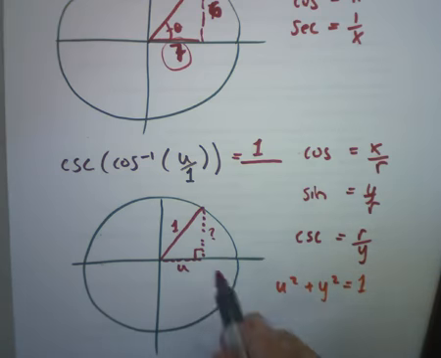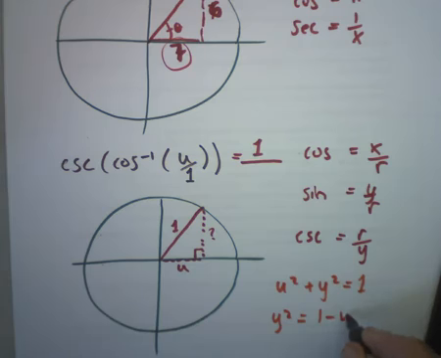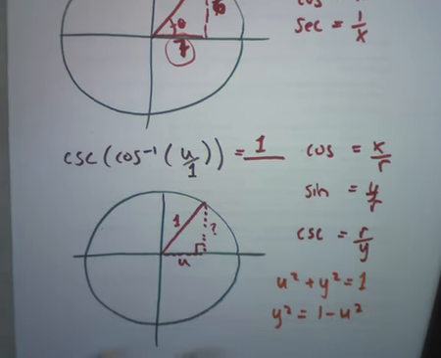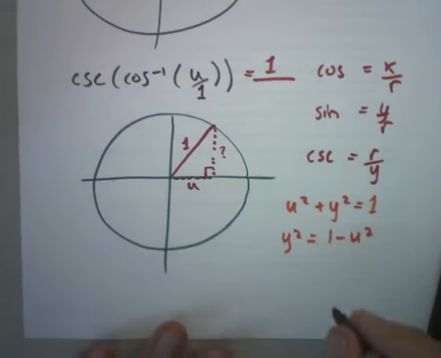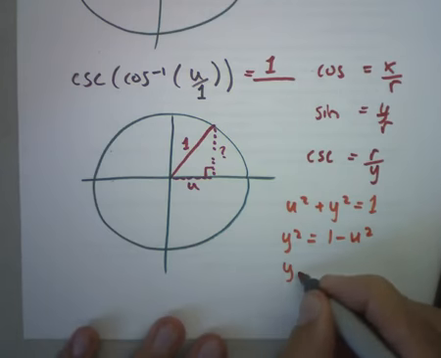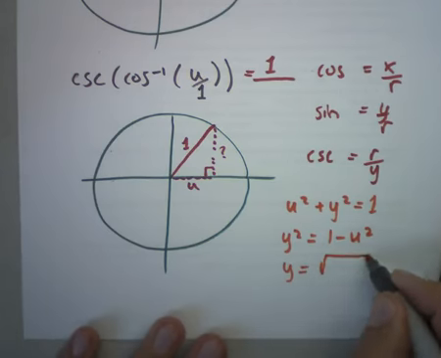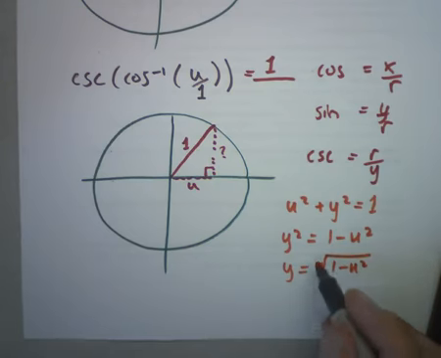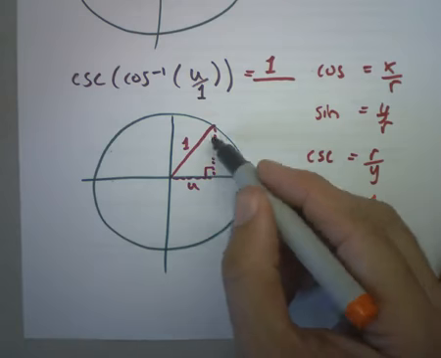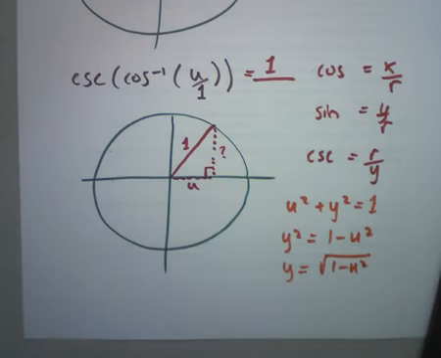And we're trying to get an expression for y, keep in mind here. So subtract u squared from both sides, and y is the square root of 1 minus u squared. Normally this would be plus or minus, but we know from our picture that we're going in the plus direction, so we'll use the positive square root.